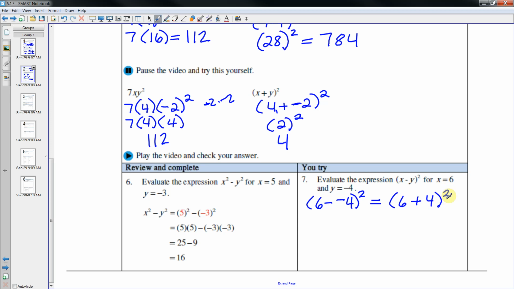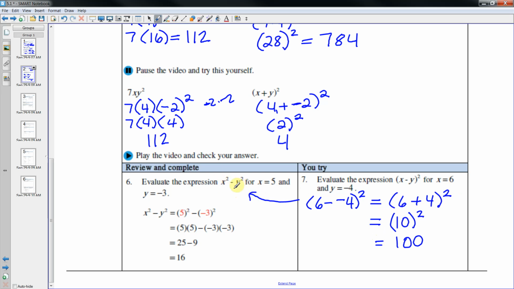Okay, I'm hoping that you put 6 minus a minus 4 in parentheses squared. You have double negatives because that's a negative 4. So that changes to 6 plus 4 in parentheses squared. You need to do the parentheses first, so that's going to be 10 squared, and then 10 times 10 is 100. Notice the difference between that one and the example over here.